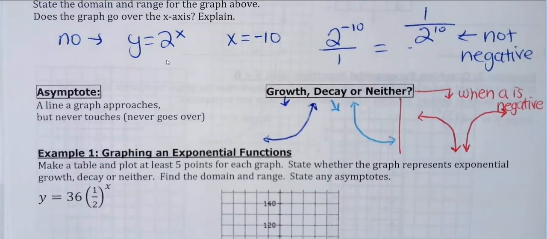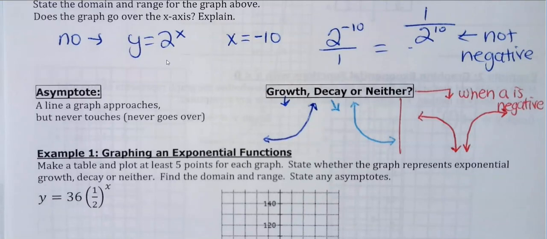It can kind of go down from left to right, or it can kind of go down backwards, if that makes sense. So growth has to go up from left to right, decay goes down from left to right, and when the A value is negative, it's going to turn the entire graph to go down. So we're going to just sketch some pictures of these today, but I'm going to have you guys look at your calculator to help you get some points a little quicker.